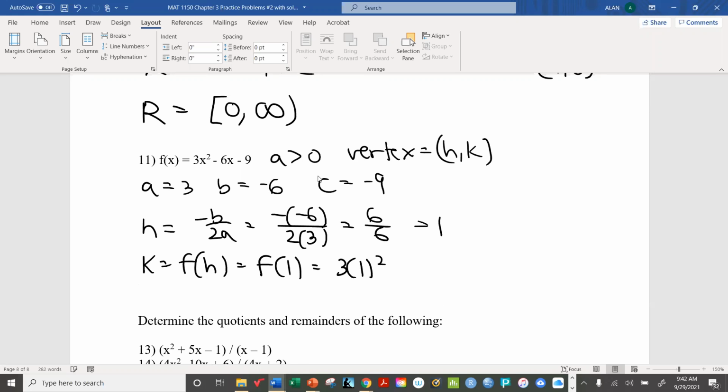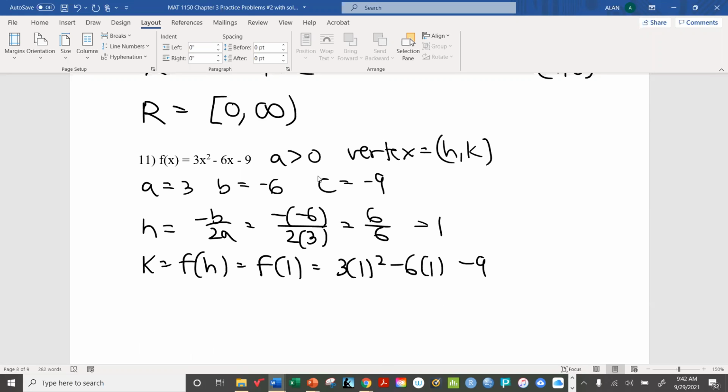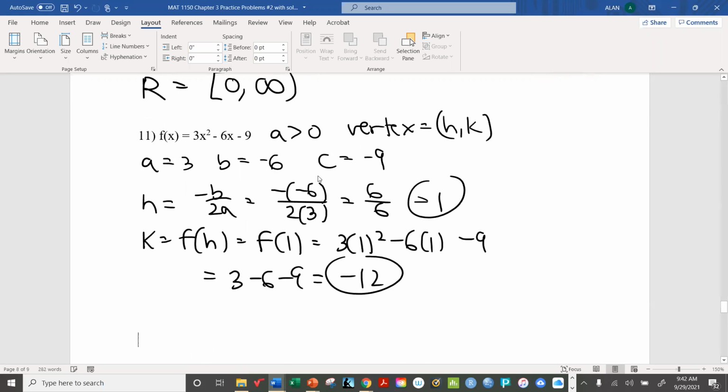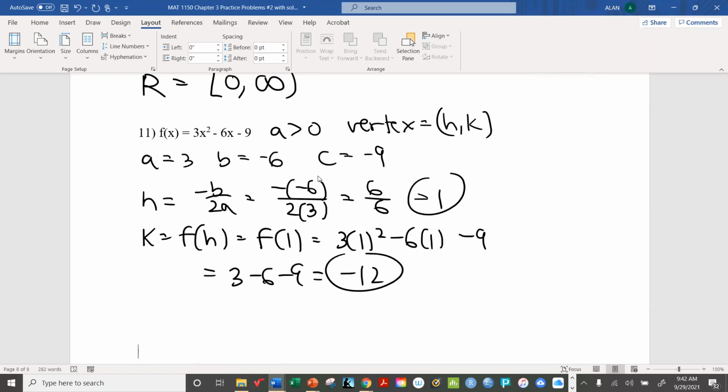3 times 1 squared minus 6 times 1. All right, so we've got -12. Okay, so our vertex is therefore 1 comma -12.